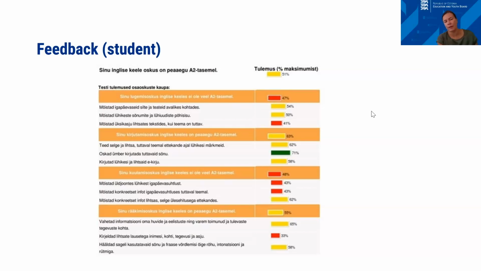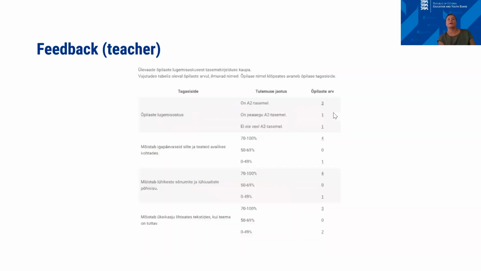So after the results have been published, then it's very useful maybe to go through the feedback together with your students. And then in the other slide, there's an example of how the teacher gets feedback. Now again, if you open the number of students, then you can read the feedback of each student separately.